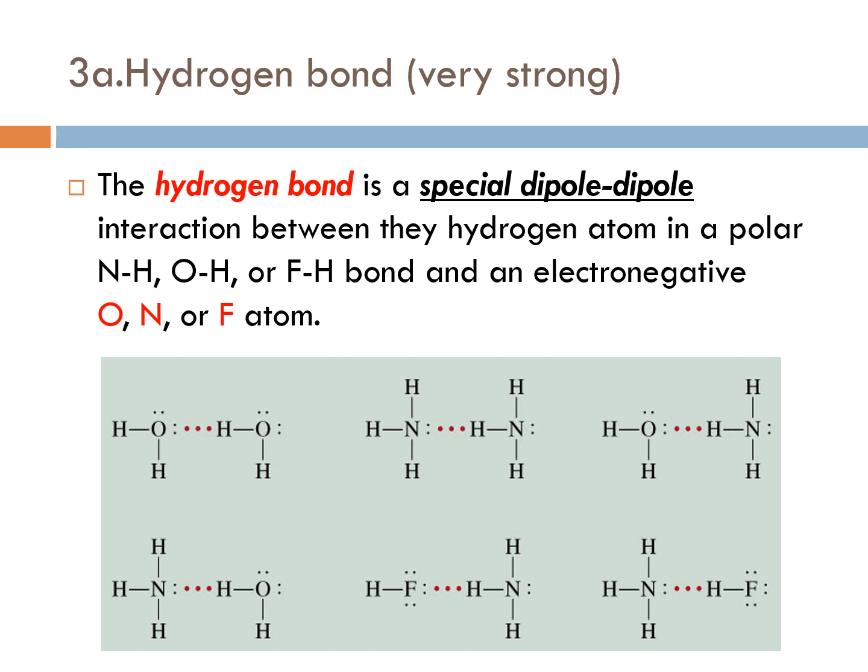So for example, here you can see the hydrogen of one molecule of water that is positively charged because it's bonded to the more electronegative oxygen, and it could make a hydrogen bond, represented by these three red dots, with the oxygen of a second molecule of water, and this would make the molecules of water stick together and be liquid.